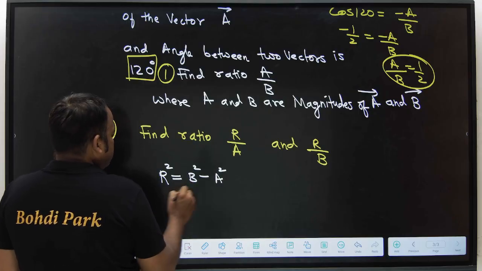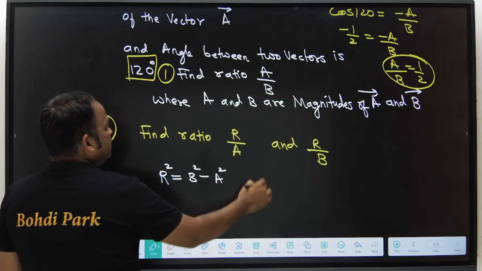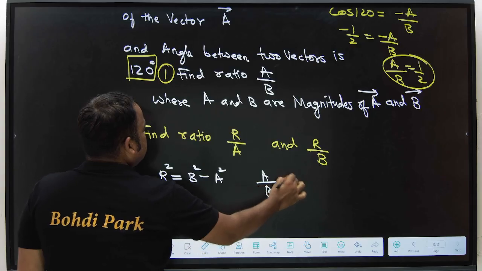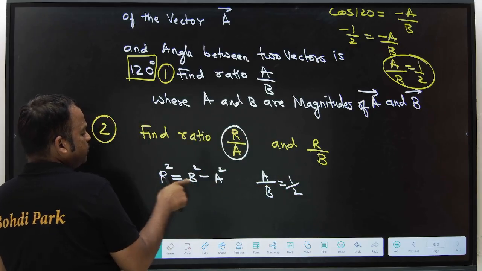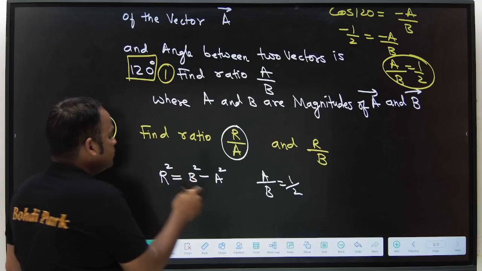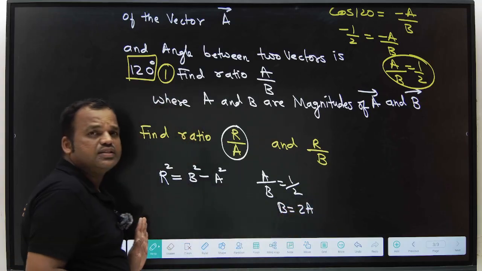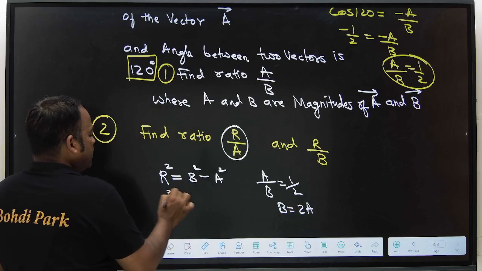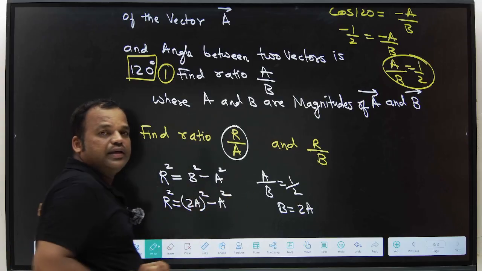So now we will put a by b is equal to 1 by 2. But we want r by a. So we have to eliminate b. So we can put b is equal to 2a. So r square is equal to 2a square minus a square.